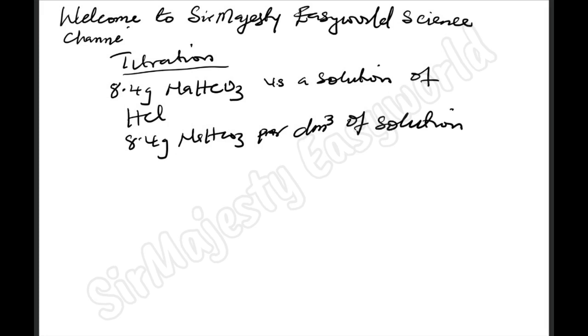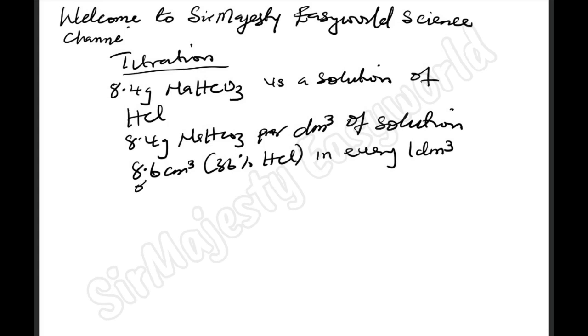So we'll find the molarity, while that of the acid is that you are instructed to dissolve about 8.6 cm cube of 36% concentrated HCl in every 1 dm cube of solution. So we will also find the molarities. When we find the molarity, we can now find the accurate endpoint theoretically.